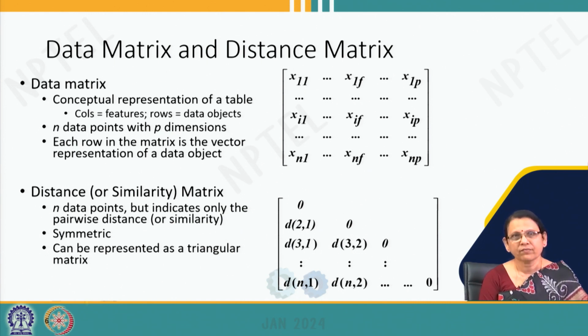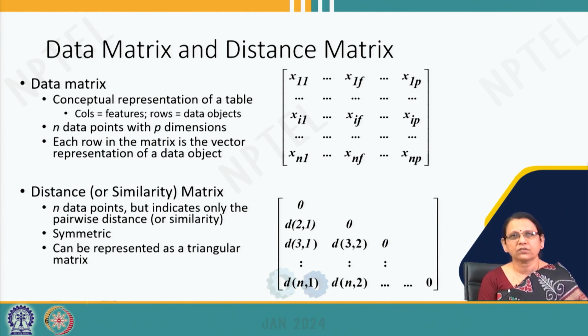Consequently, the distance or similarity matrix will be of dimension n cross n. So, if the original data matrix is of dimension n cross p, where n is the number of objects, the distance matrix is going to be n cross n. So, with each object we have to find out the distance.